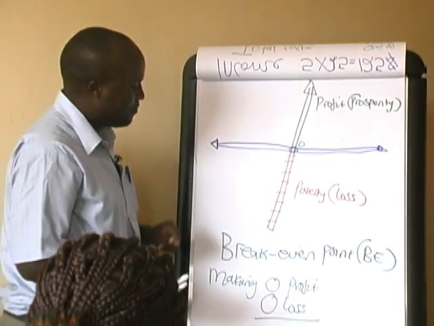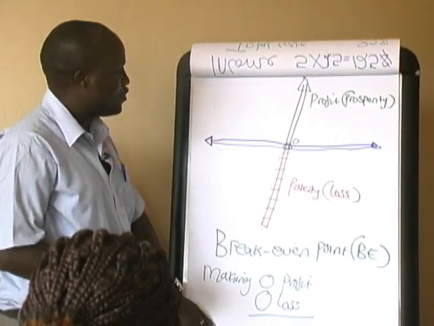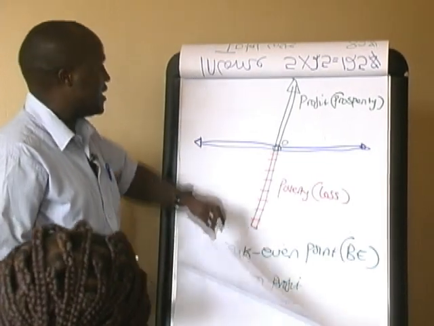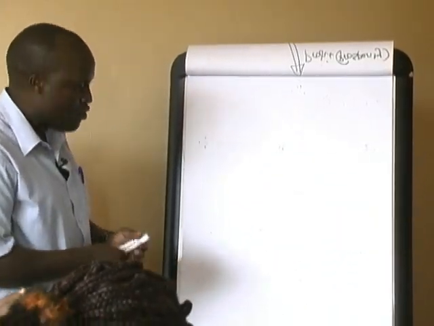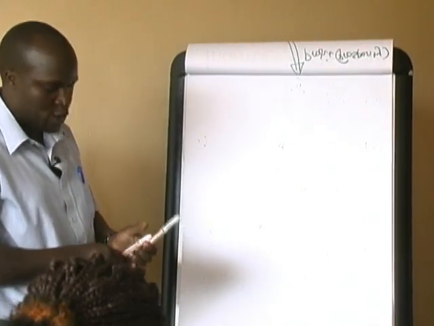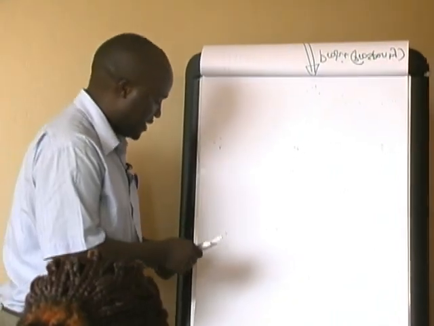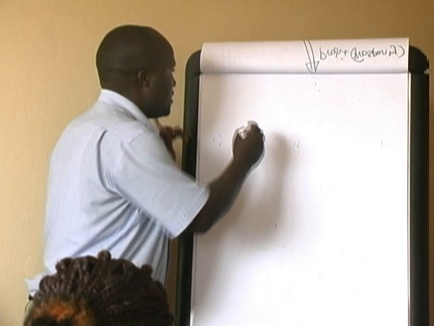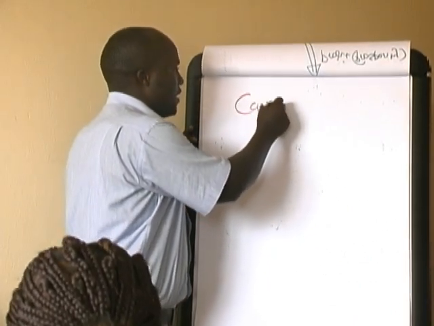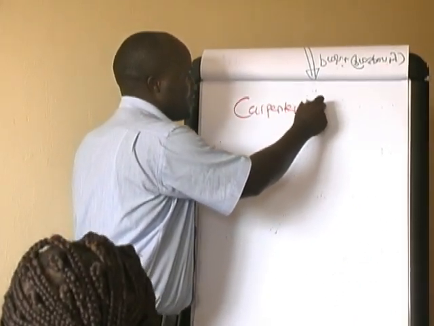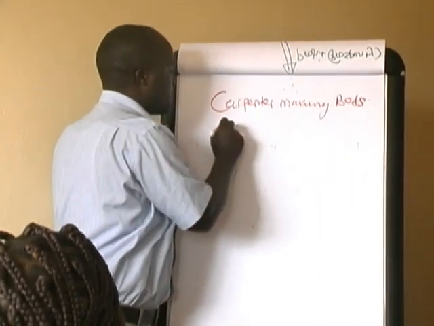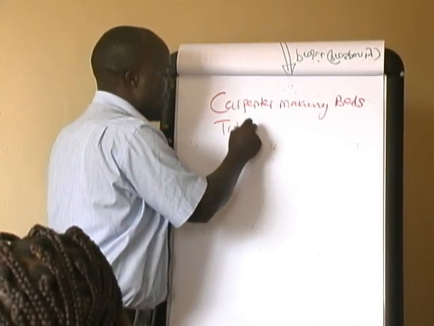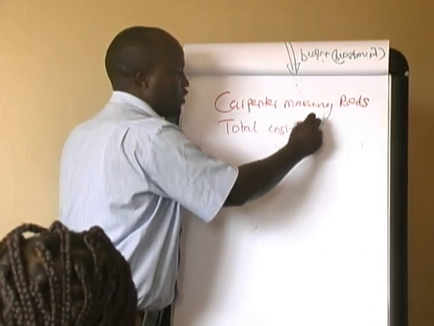So if we went back to our friend, the bed maker, the carpenter that makes beds, and we try to find out what is his 0 point. We know from having looked at the expenses that our carpenter making beds has a total cost per month. Let's say we stick to 82.